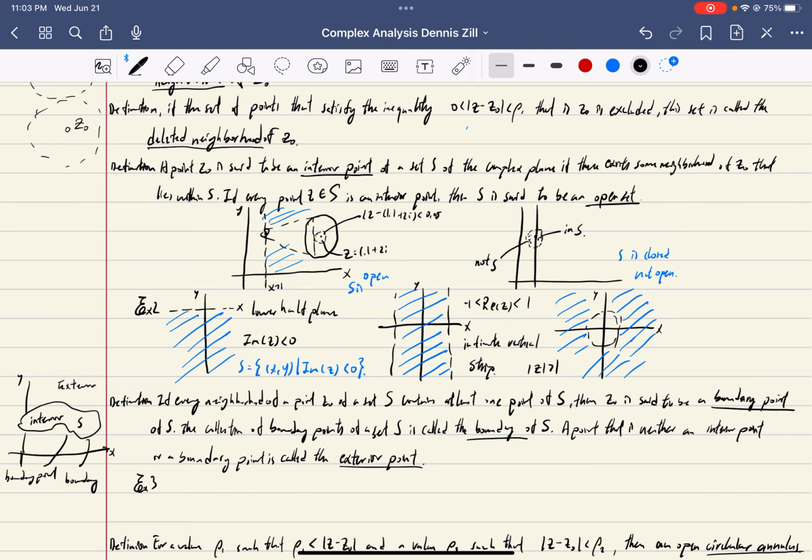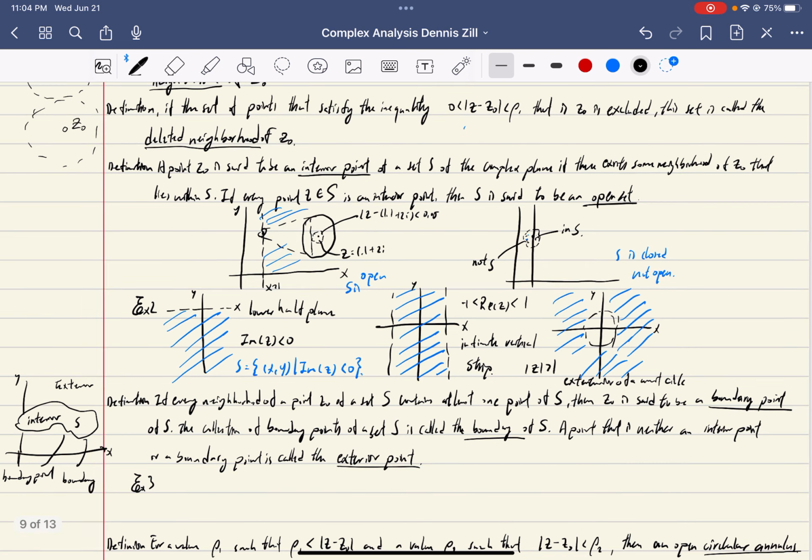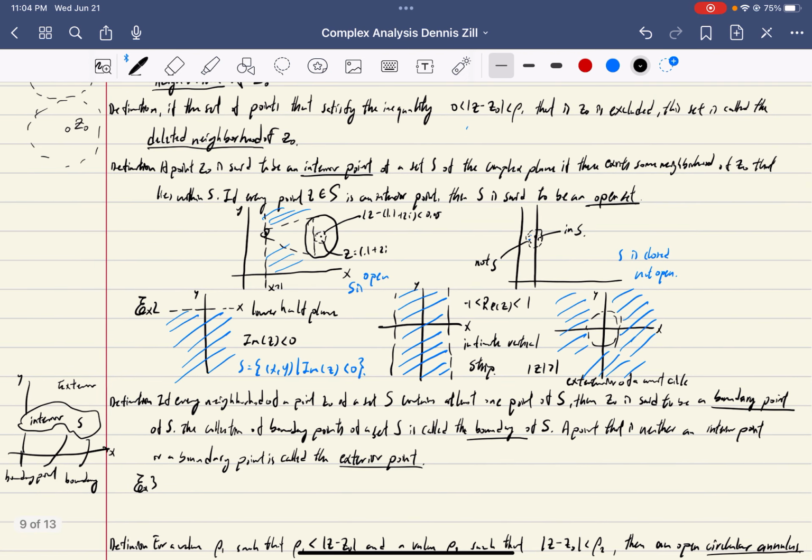What is this? This is the exterior of a unit circle. That is, it is not in the circle. I think the language is quite clear.